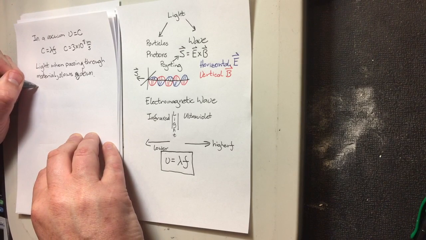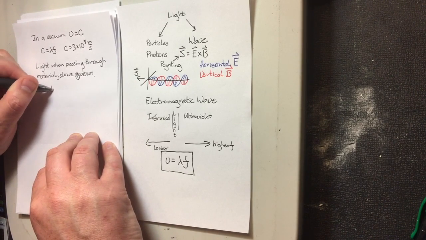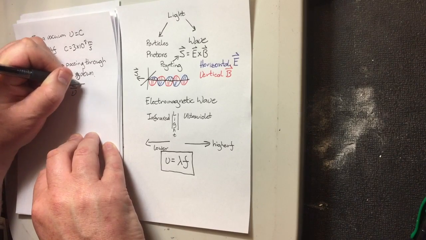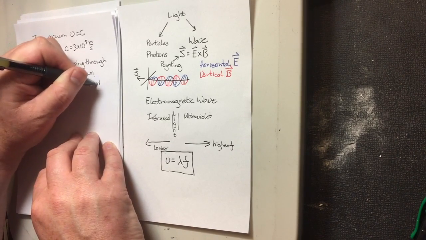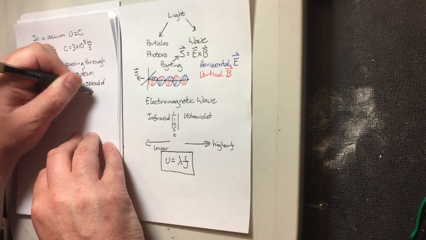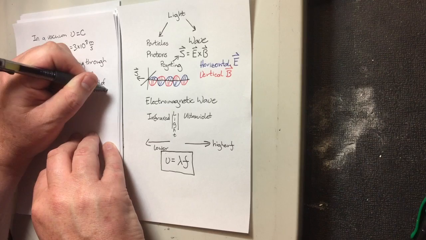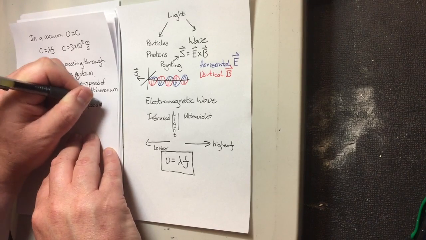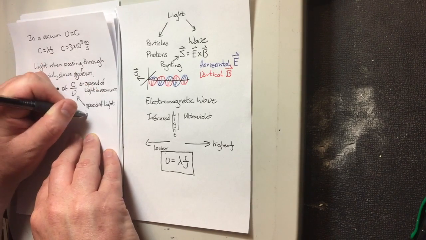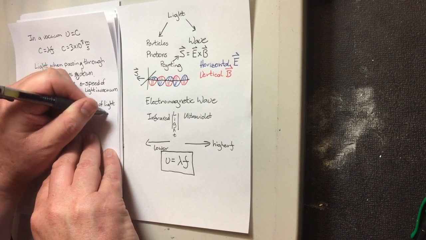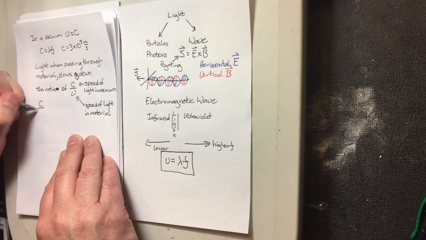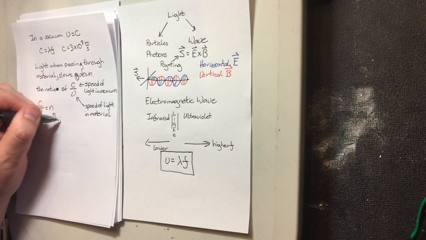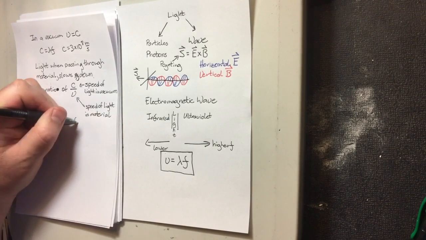And the ratio of C over V, where C is the speed of light in vacuum versus V, the speed of light in material, this C over V is called N. And that is the index of refraction.